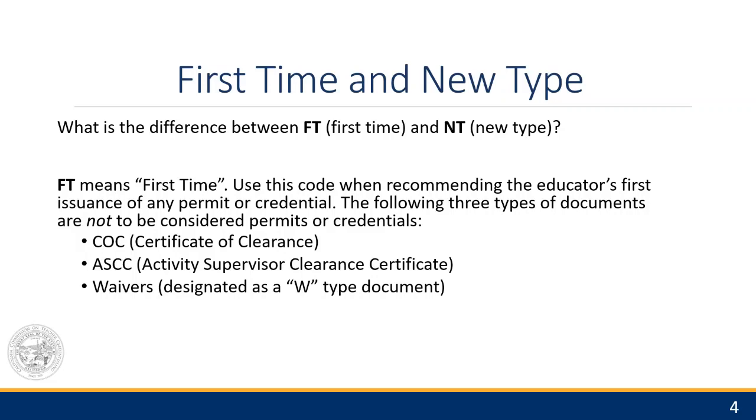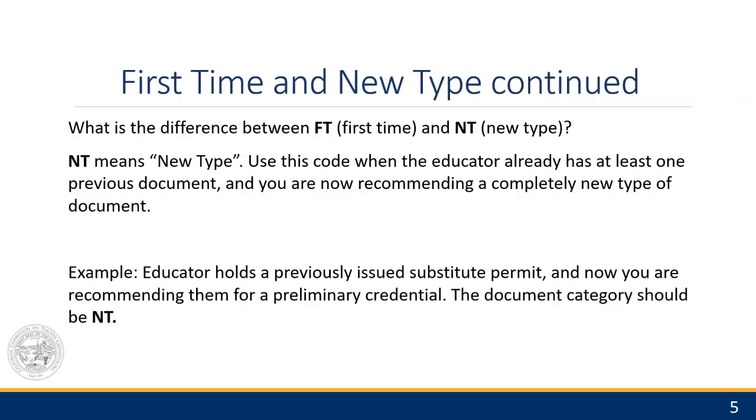On the other hand, if they do have any other credential or permit previously issued to them, you're going to select new type. So if they have at least one of any other previous document, it's going to get a new type.